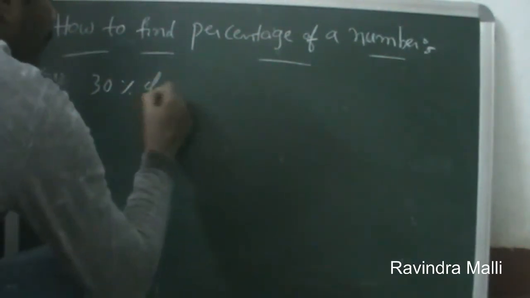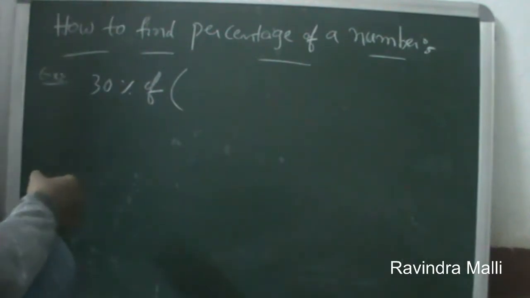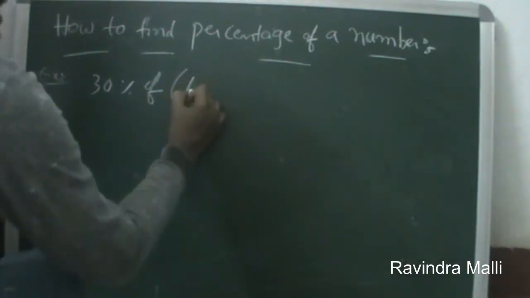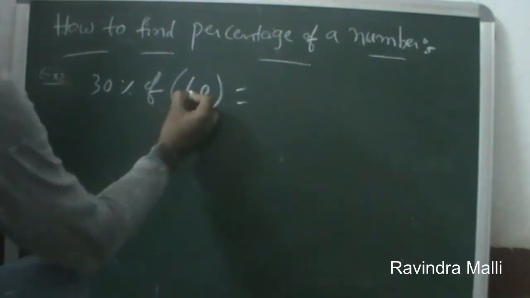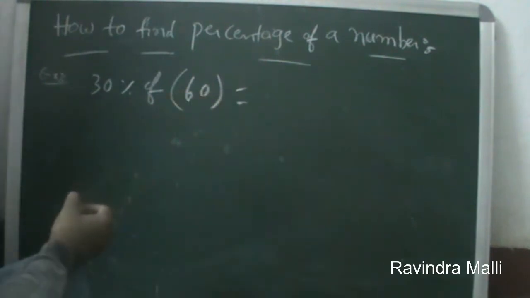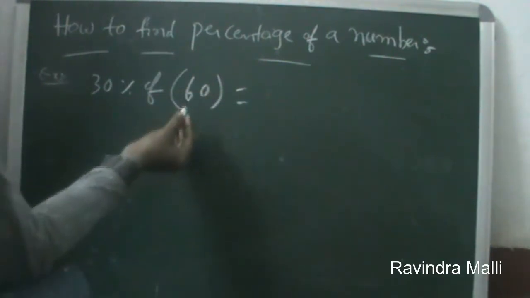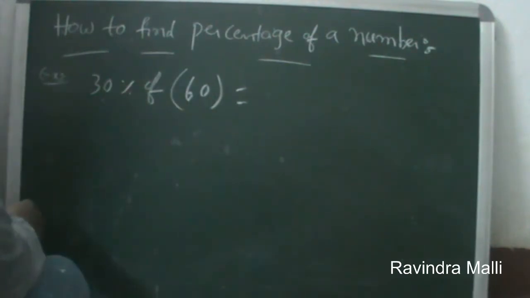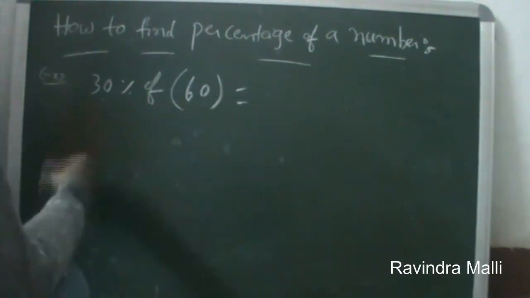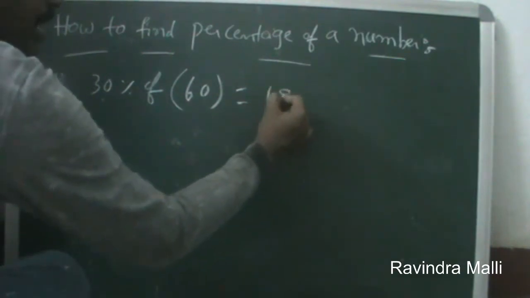30% of a number, let us take 60. It is very simple. 30% of 60. Now you see another technique: both are round figures here, with zeros at the end. That is 6 8s are 80.